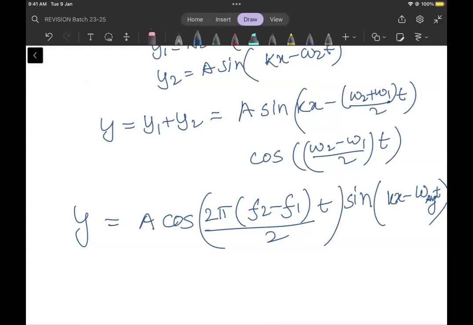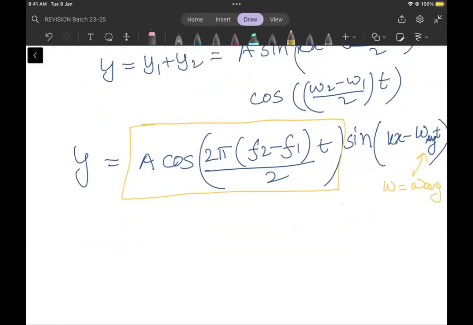So what has happened is that this is also the equation of a traveling wave. But for this traveling wave, the angular frequency is the average angular frequency of the superimposing waves. But what is more interesting is that the amplitude of the wave is now a sinusoidal function of time.